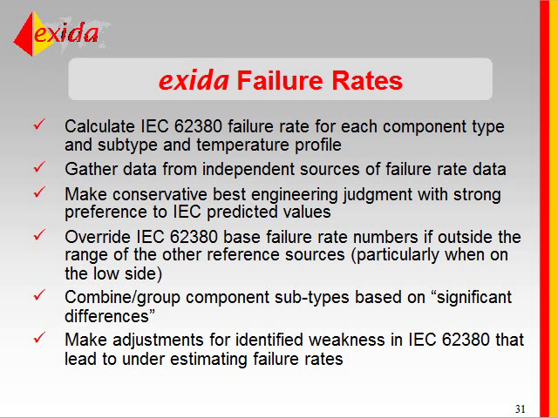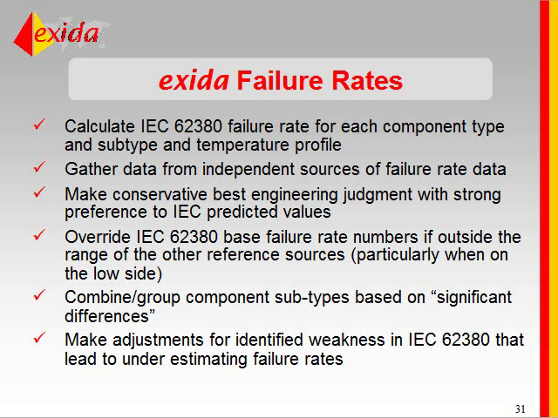To verify, we've gathered a lot of independent sources of failure rate data, and we've taken a look at all of these independent sources with a group looking for any particular problems. And IEC is used as the primary source, and it's overridden only if the numbers turn out to be on the low side of other reference sources.